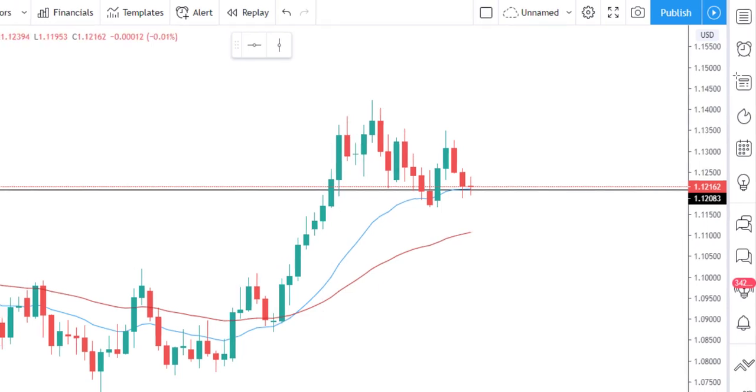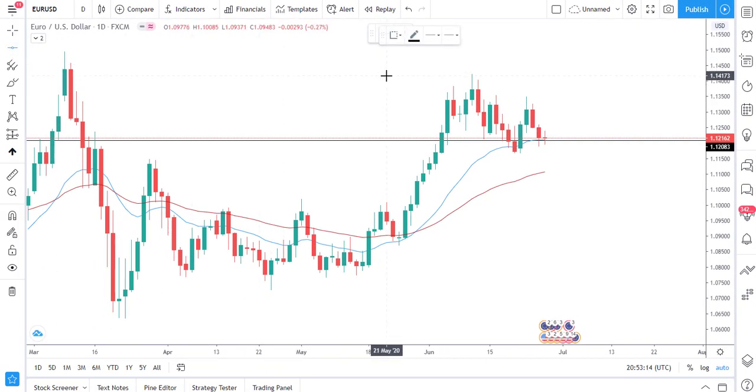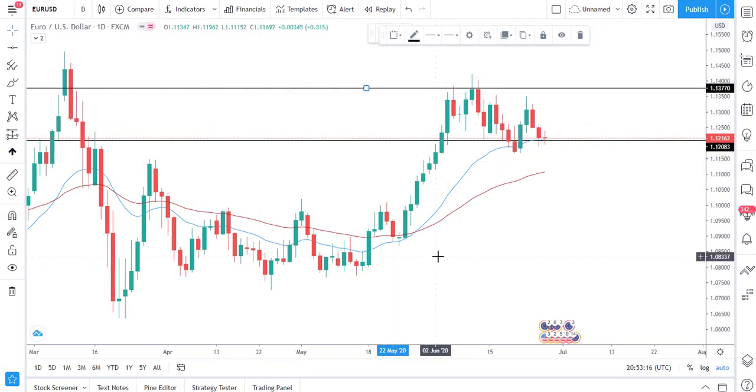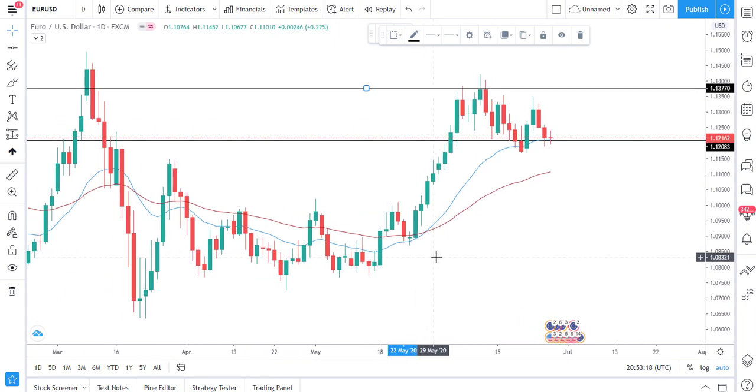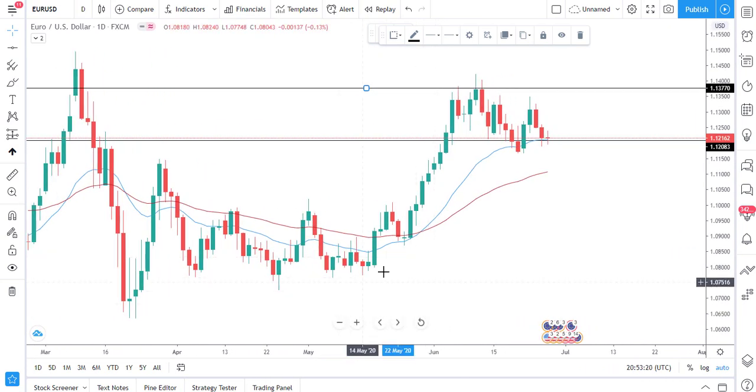Now the target is going to be at this area, because this is a trending market to the top side. This is a bullish market right now. You can see it creating higher highs and higher lows, continuing to move up, and right now it's retracing to around the 20 and 50 moving average.